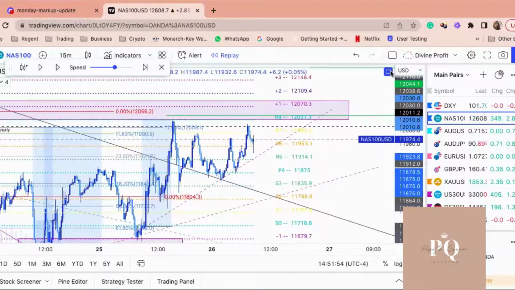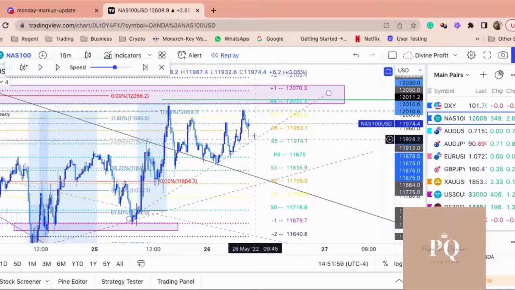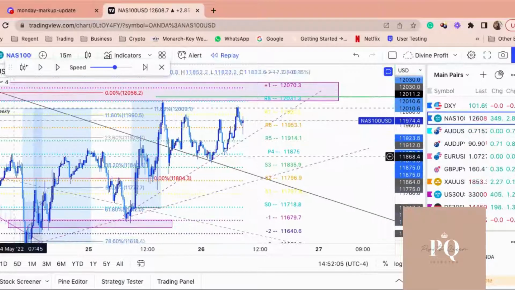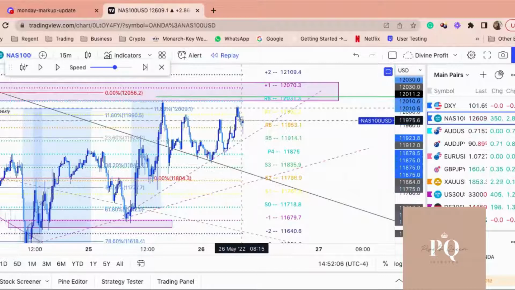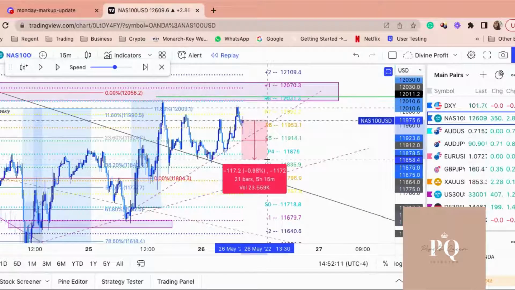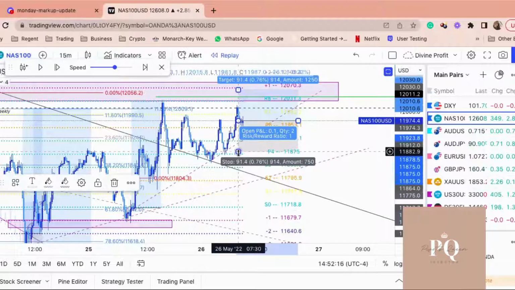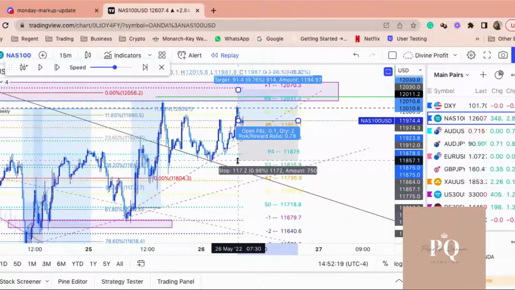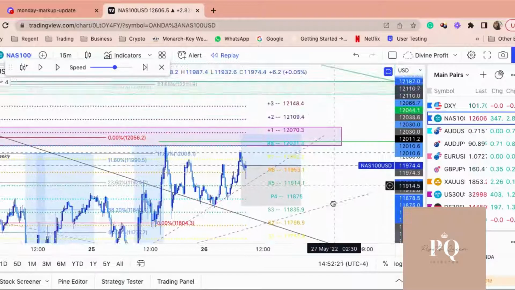Price could also pull back a little bit. I don't know if it's going to pull back as far as the P4. So if I entered in market X, it would be kind of risky.